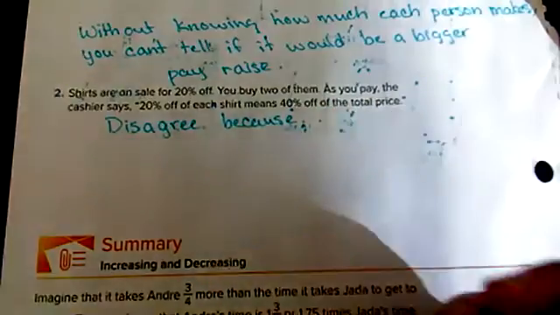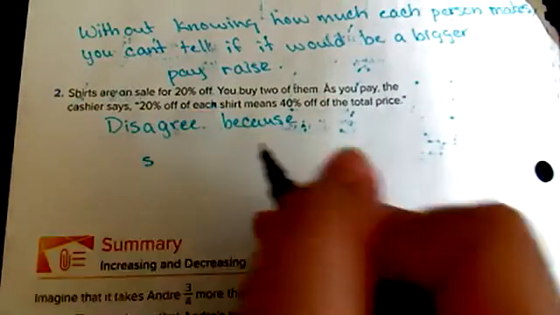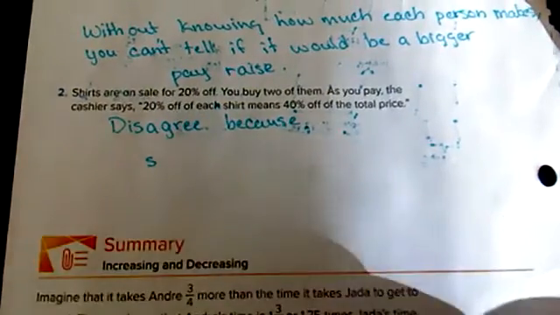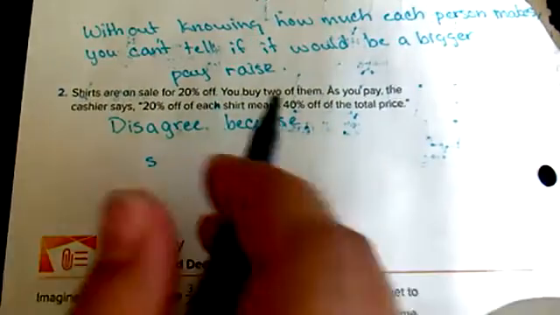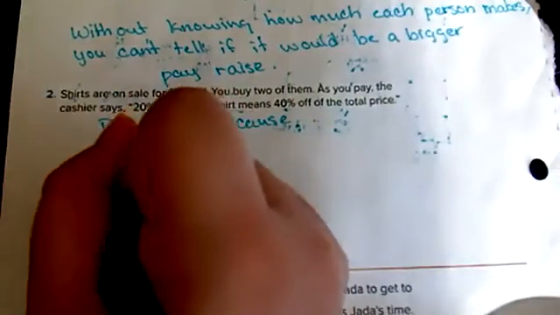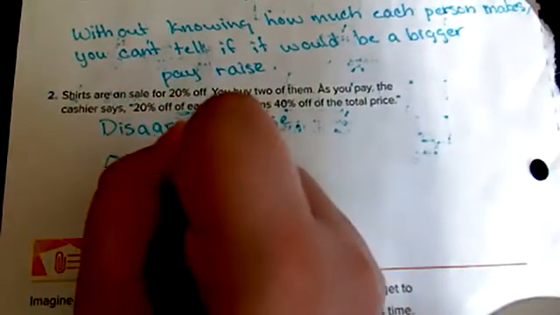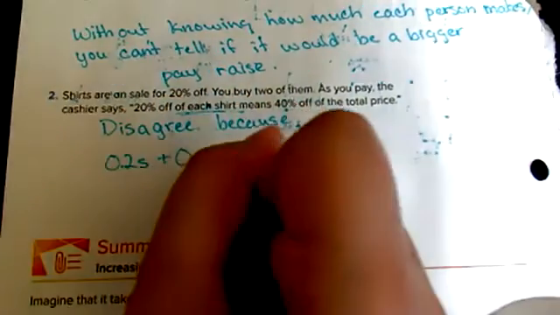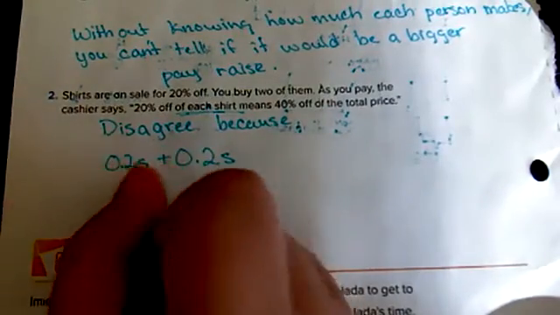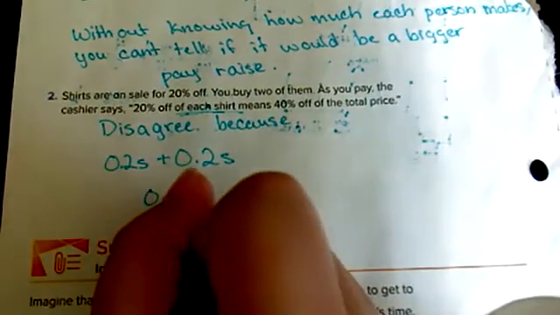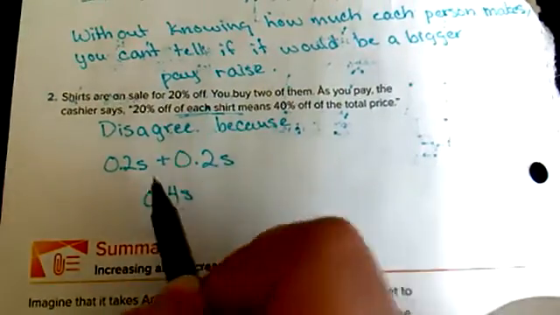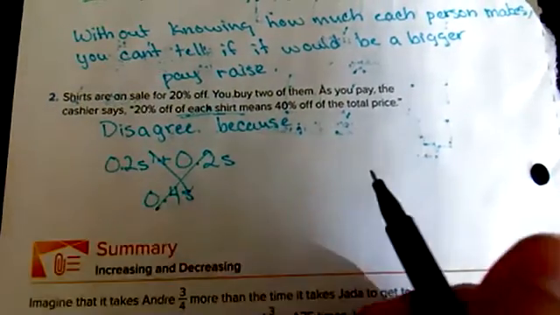So each shirt is going to be represented by S. So if it's 20% off each shirt, we'd have 0.2S plus 0.2S. So if we wrote it this way, when we added those together, it would be 0.4S, and that would explain her reasoning, but that's not quite how this works.